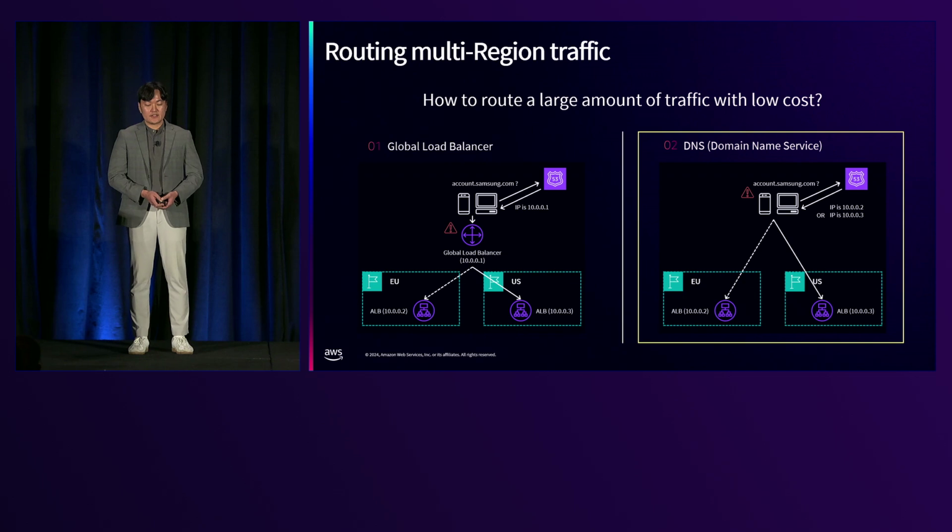This method presents the advantage of zero operational cost, as no additional infrastructure such as a global load balancer is required, and it simplifies failure response tasks by merely modifying DNS records. Considering expense and reducing operational complexity during failure recovery, the global disaster recovery architecture of Samsung Account selects the DNS-based traffic routing control method.